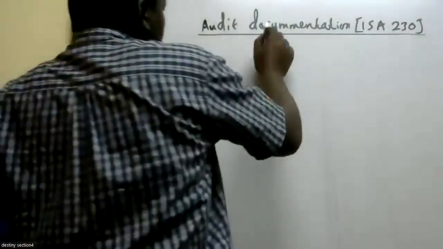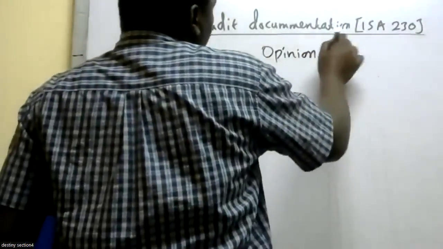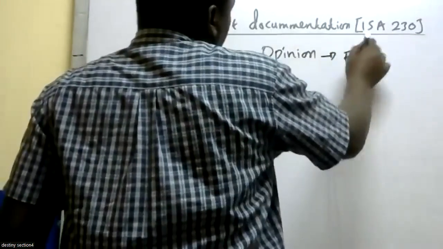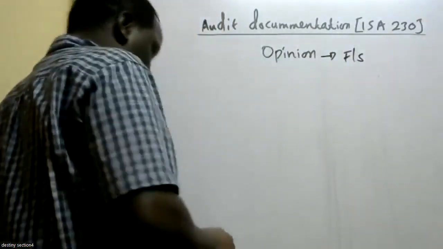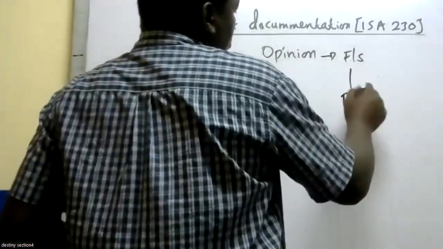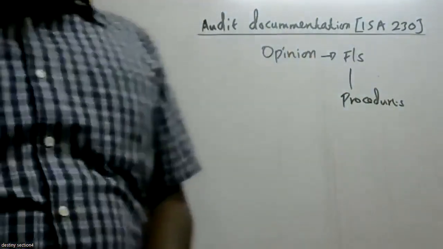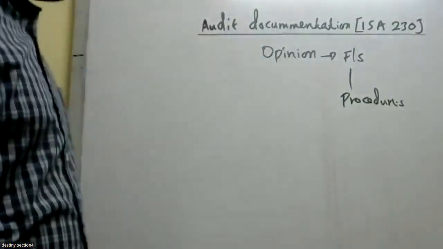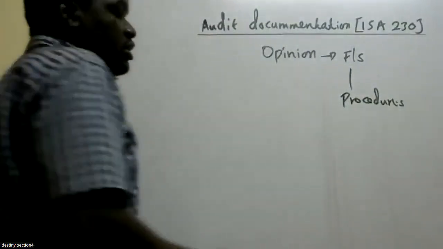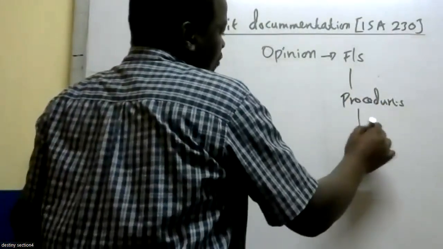Auditors do express an opinion on the financial statements by performing certain procedures. They perform certain procedures and test the substantive procedures or the compliance procedures. In doing so, this enables them to obtain what you call audit evidence.